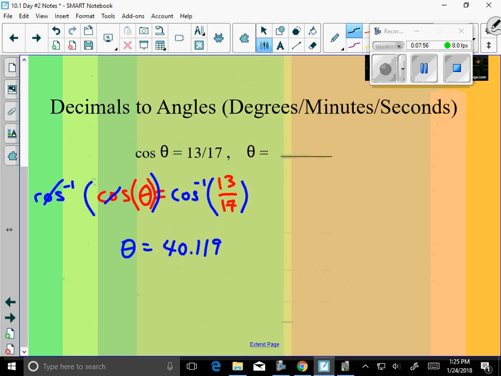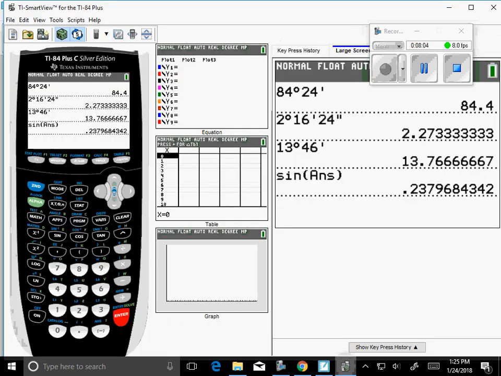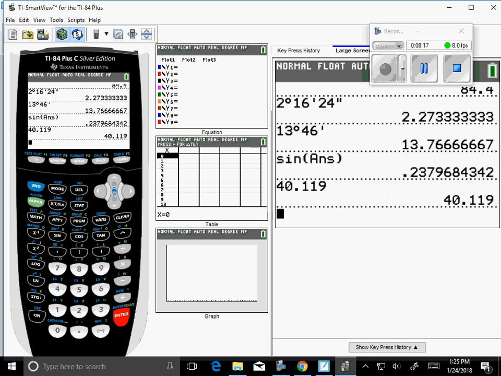Now, on this problem here, how do I take this from what it is to degrees, minutes, and seconds? Some of you might have already figured it out, but I'm going to take 40 point, what was it, Joey? Okay, I'm going to press enter, so I've got that as an answer. I'm going to press second apps again.